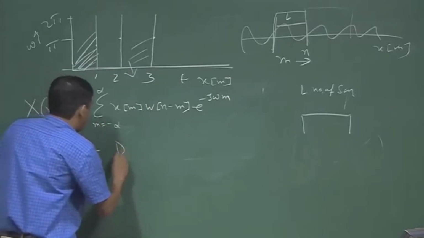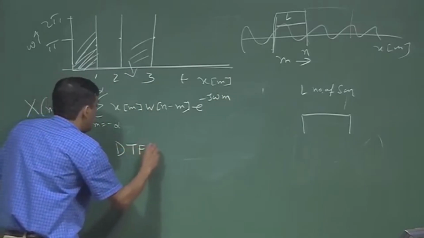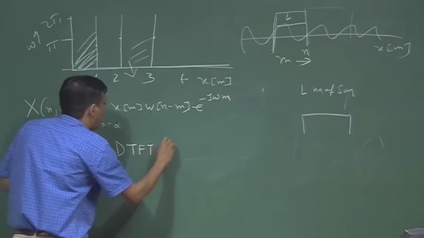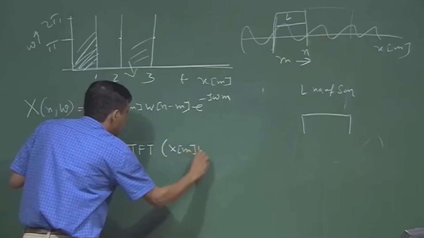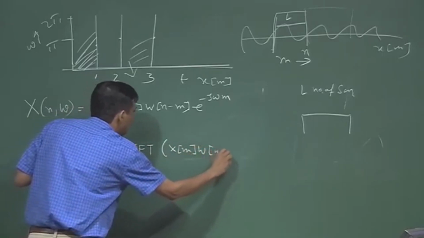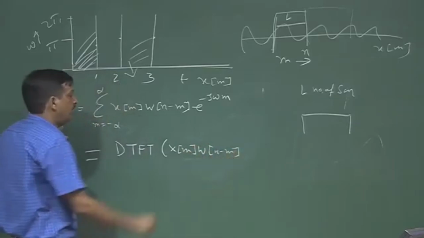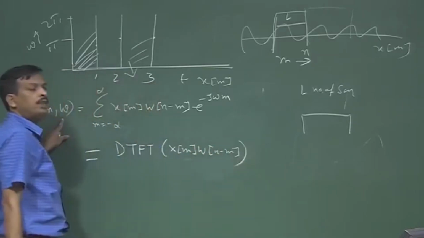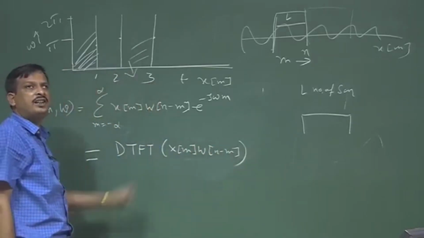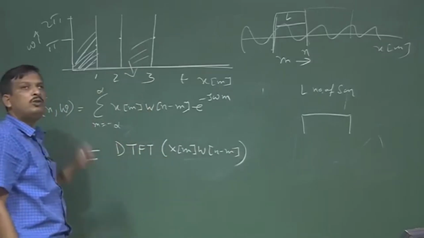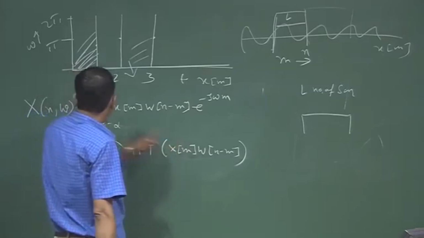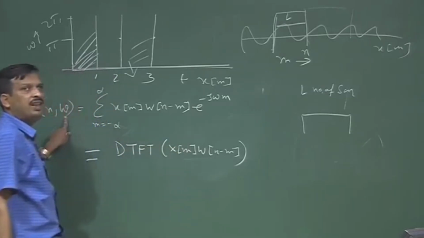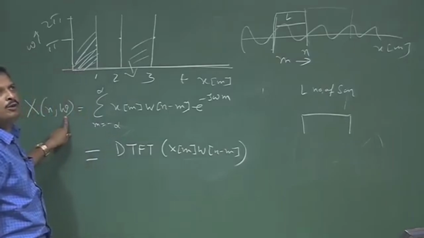So it is nothing but the DTFT, the discrete time Fourier transform, of x m multiplied by w n minus m, which is the window function. Now, if I make this omega discrete, then it is called the discrete Fourier transform.